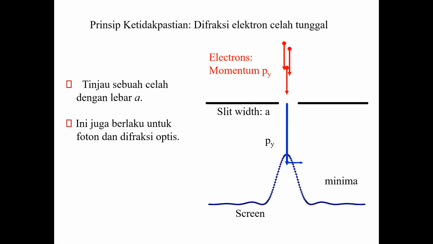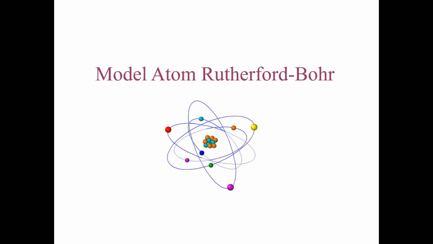This diffraction pattern can only occur if the width of the slit A is proportional to lambda, where lambda is the de Broglie wavelength. This atomic model of Rutherford and Bohr is outside the curriculum.